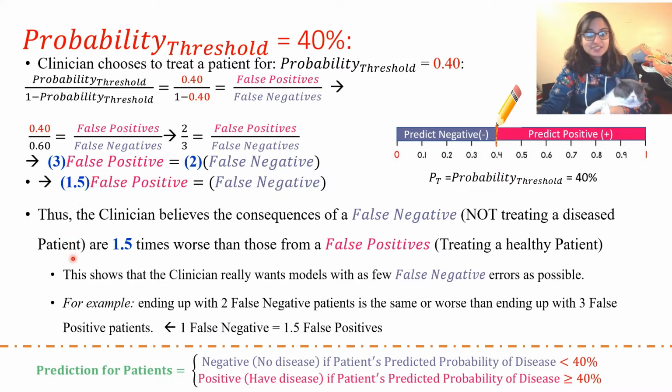So the clinician really wants models with as few false negative errors as possible. So again, in other terms, ending up with 2 false negative patients is the same as, or worse than, ending up with 3 false positive patients, because 1 false negative is equal to 1.5 false positives. That's what this means here.